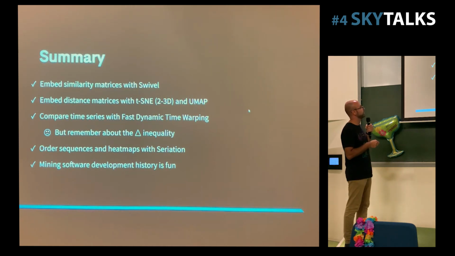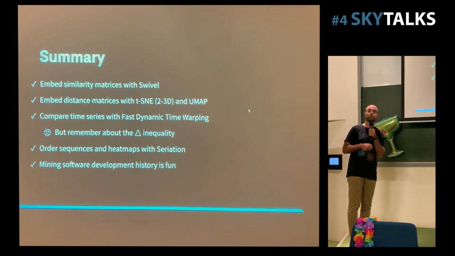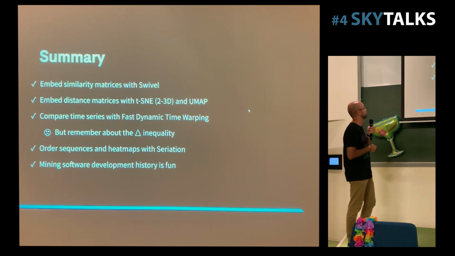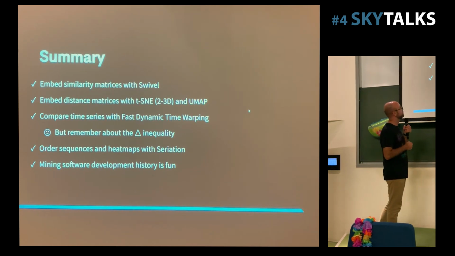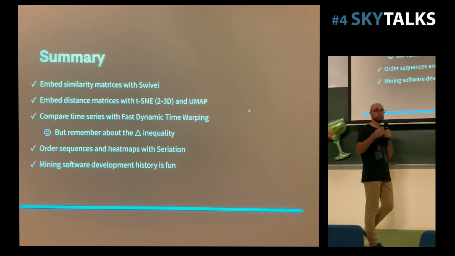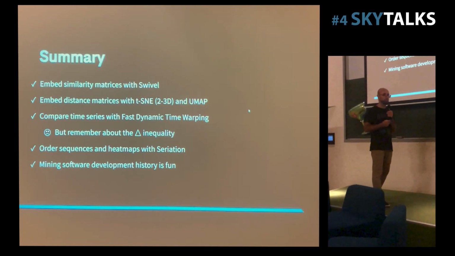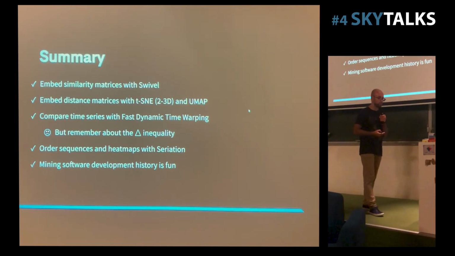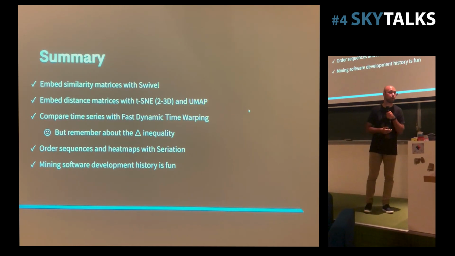However, triangle inequality doesn't really make you elegant from the mathematical point of view. If you have sequences or heat maps, I'm pretty much sure many of you will deal with heat maps if you devote yourself to data science or to machine learning engineering.